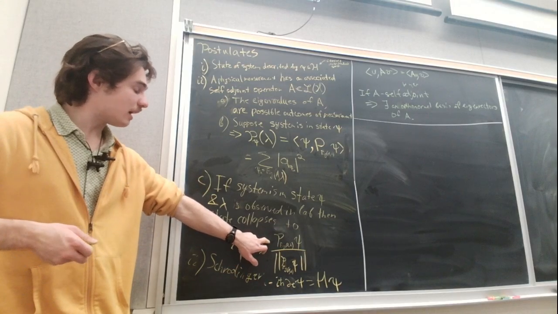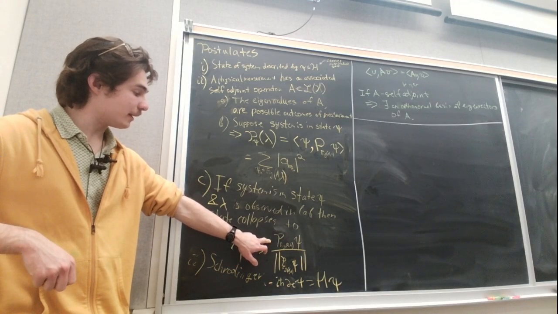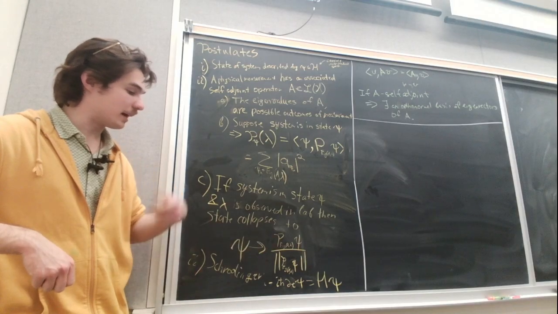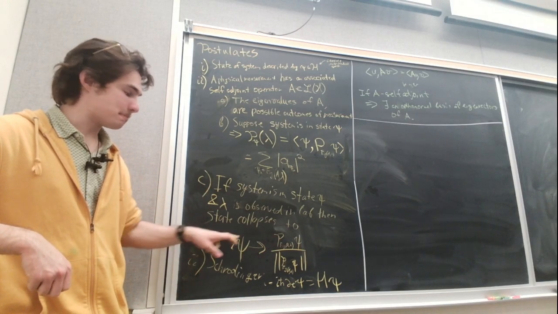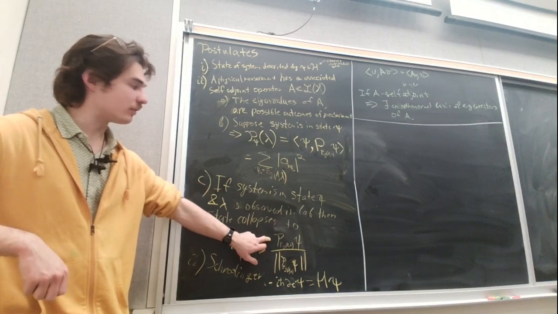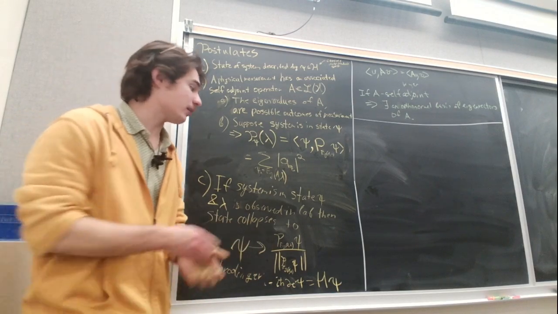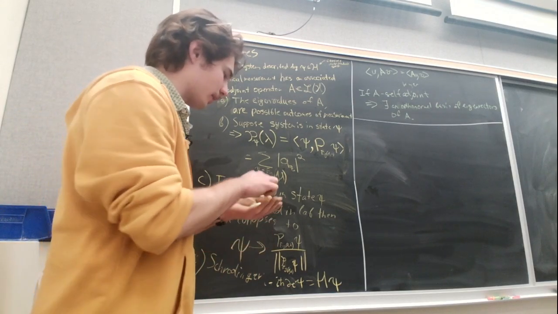And so I just do a projection onto the subspace of vectors with eigenvalue lambda.